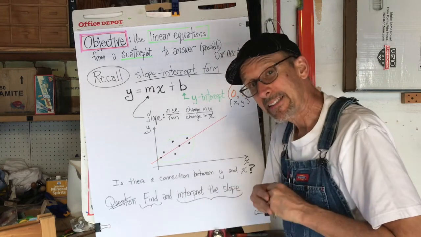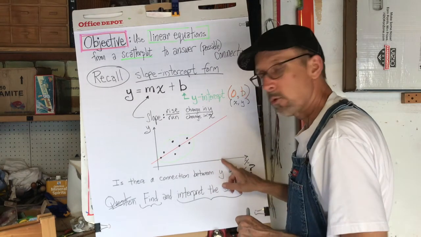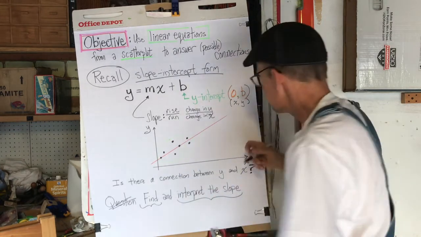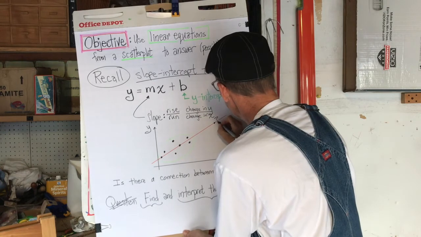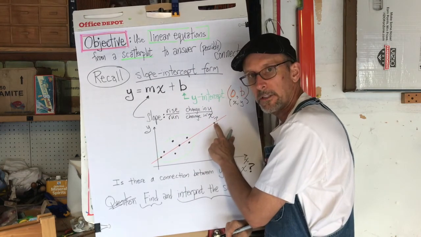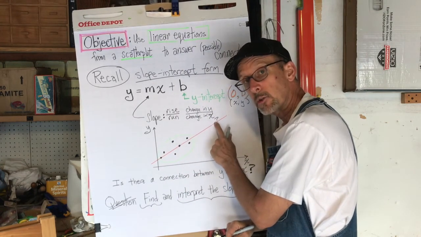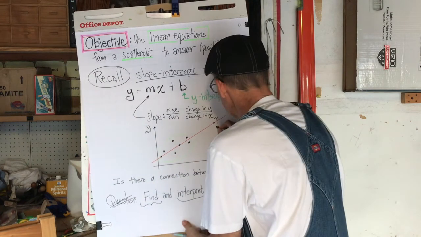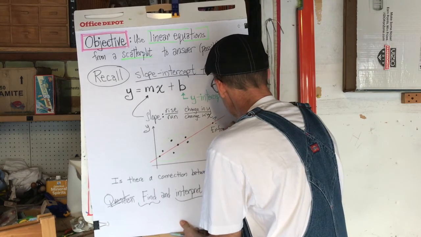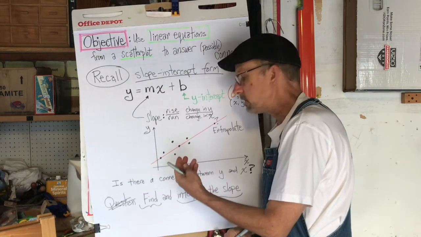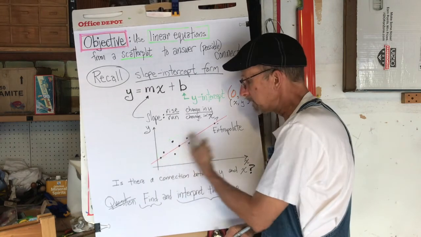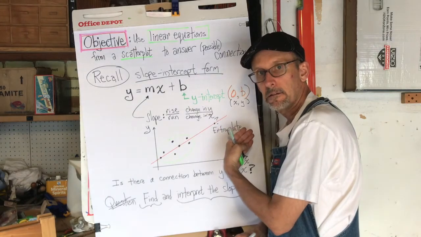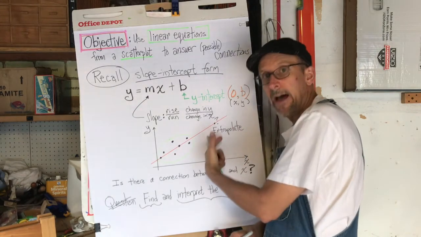If I'm asking about a possible question that would be answered way over here where there's no points, there's no data out here, but I'm asking a question about here. This is an example of something where you extrapolate. To extrapolate means to make a guess based on your trend line, but it's outside the data. So it's extra, it's outside.